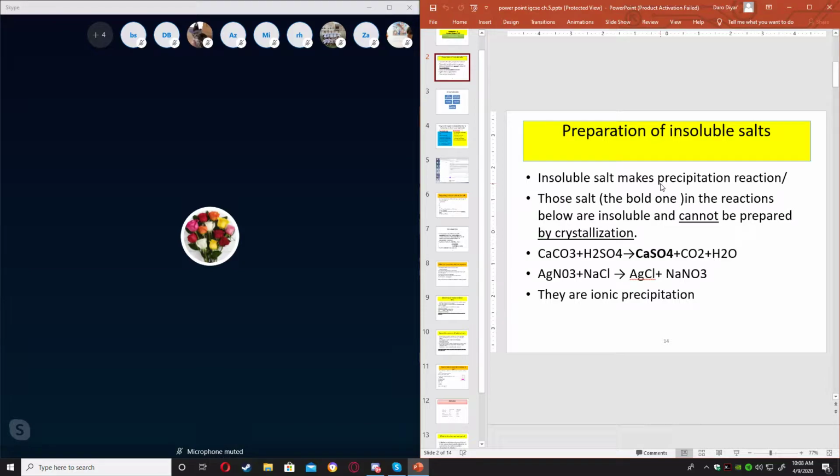Because they are the same ions, they will be cancelled. When they are cancelled, we call them spectators. So spectators are those ions which come from the soluble salt, and they are present on both sides, and later they will be cancelled.